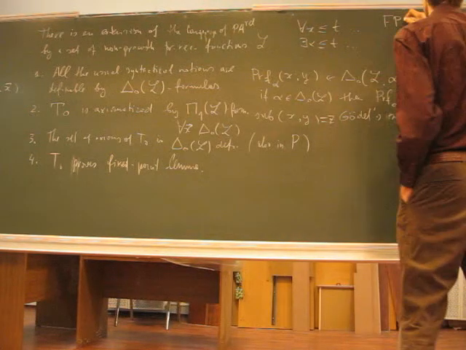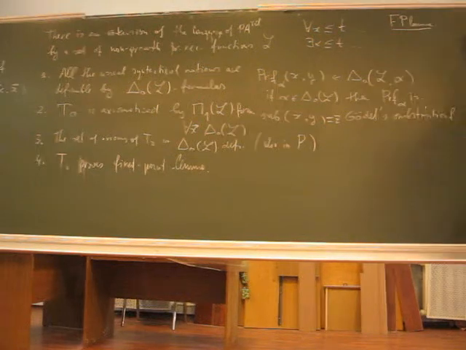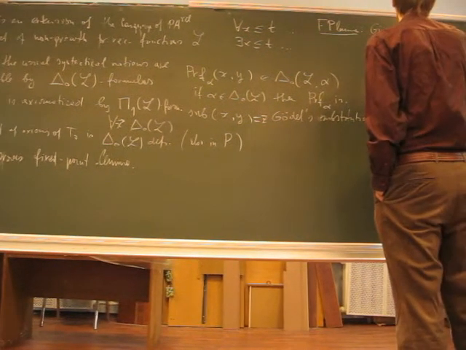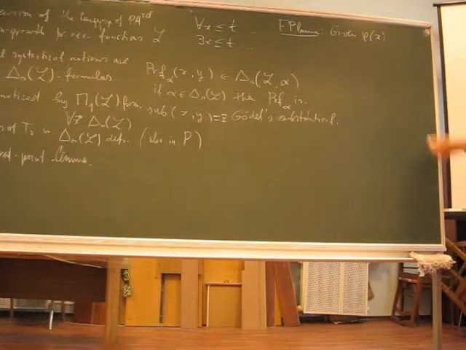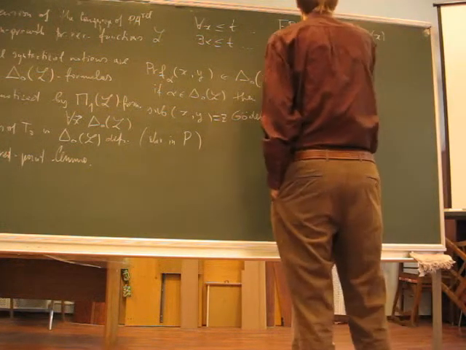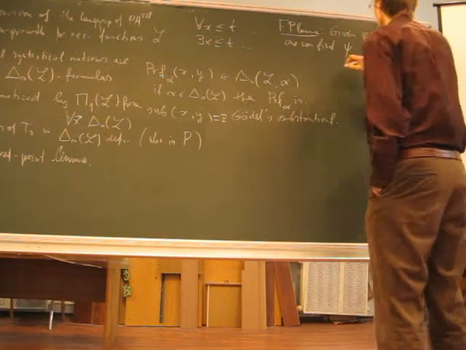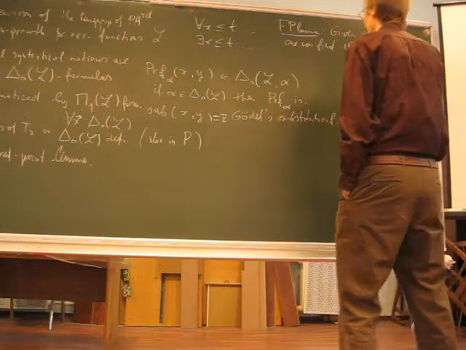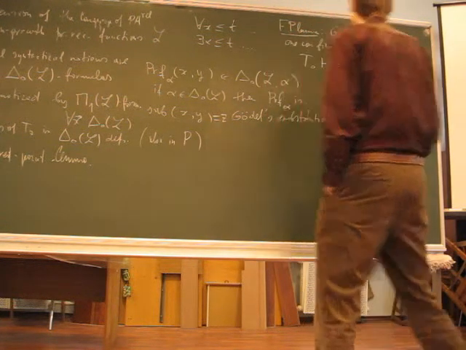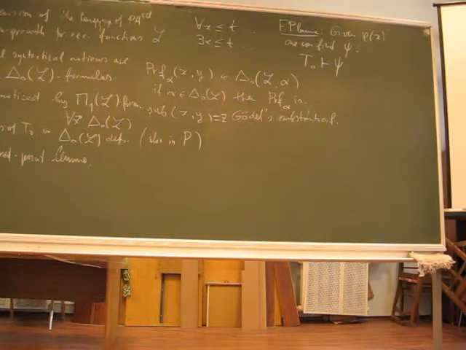It says: given a formula phi of x with one free variable x, one can find a sentence psi such that, in our case, T0 proves that psi says of itself that it satisfies property phi.